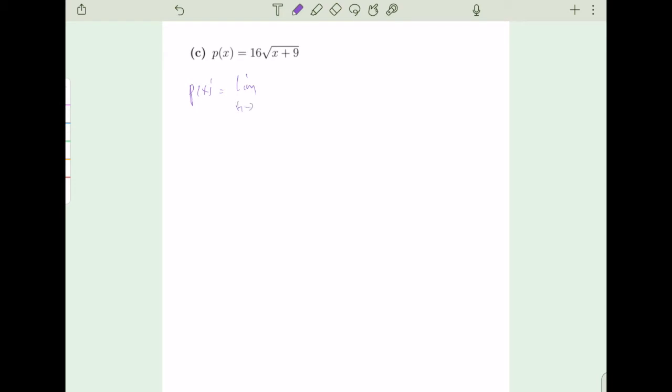H goes to 0, p of x plus h minus p of x divided by h. So now we have 16 square root of x plus h plus 9 minus 16 square root of x plus 9, divided by h.